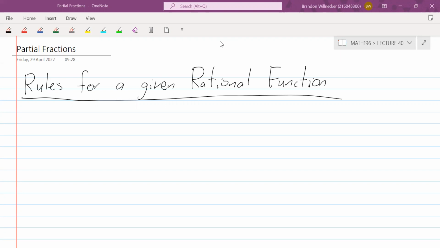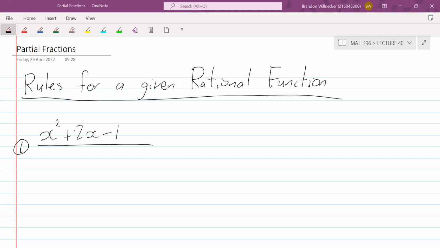Okay, so we're going to go through the rules by looking at some examples and then seeing what you have to do. So for the first example, we have something like x squared plus 2x minus 1, a polynomial at the top, and then a polynomial at the bottom, but I'm going to factorize that polynomial.